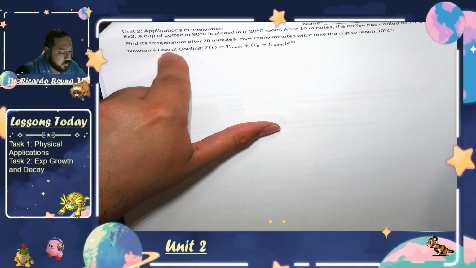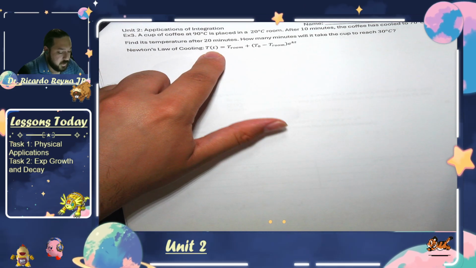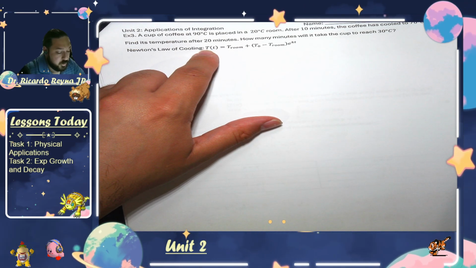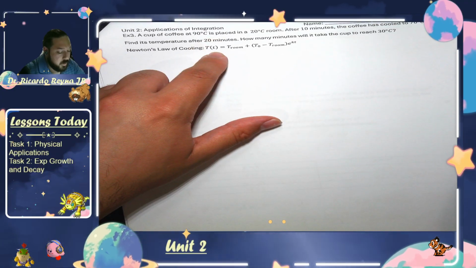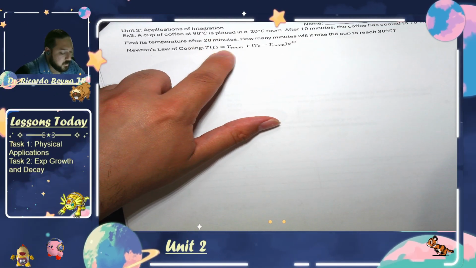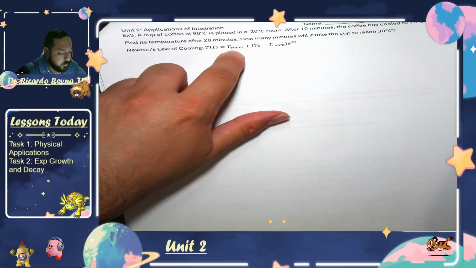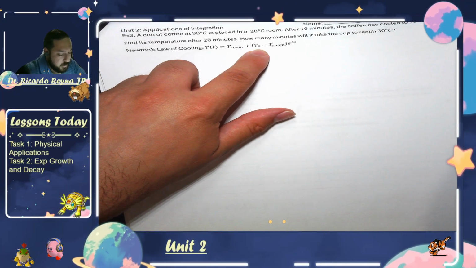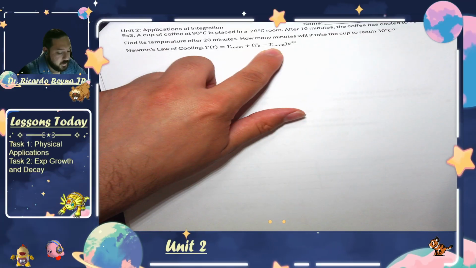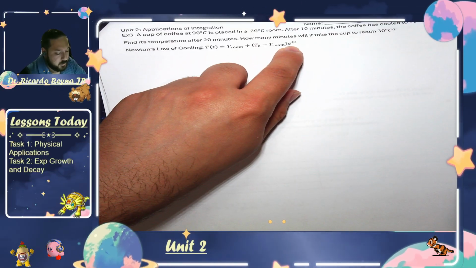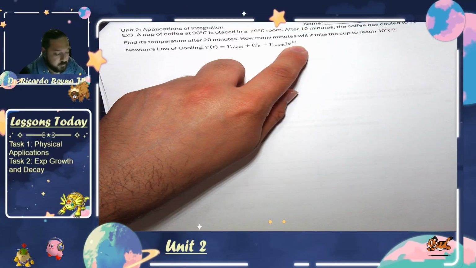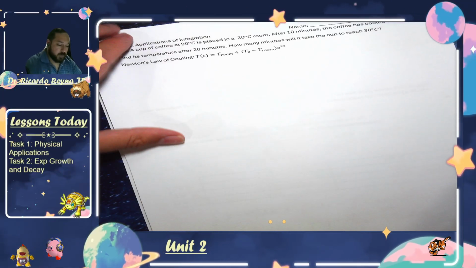And for this, we're going to use Newton's law of cooling, which states that the temperature of the coffee, or of the item really, at time t is equal to the temperature of the room plus the initial temperature minus the temperature of the room times e to the power of k, some rate, times t.